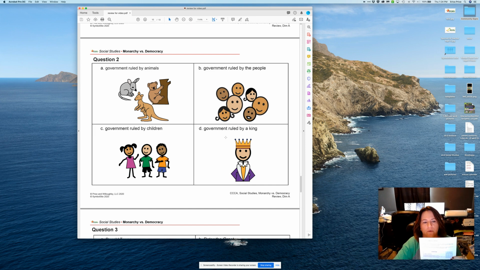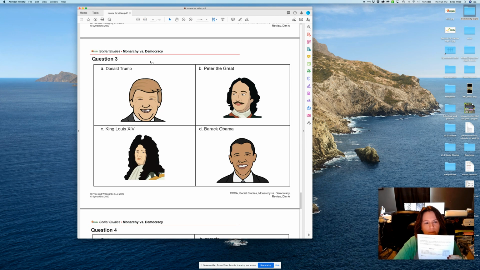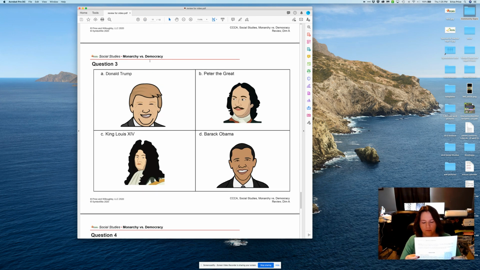Okay, so you should have circled the answer if you have this, or written it down on paper and pencil. Let's move on to number 3. Who was an absolute monarch in France?